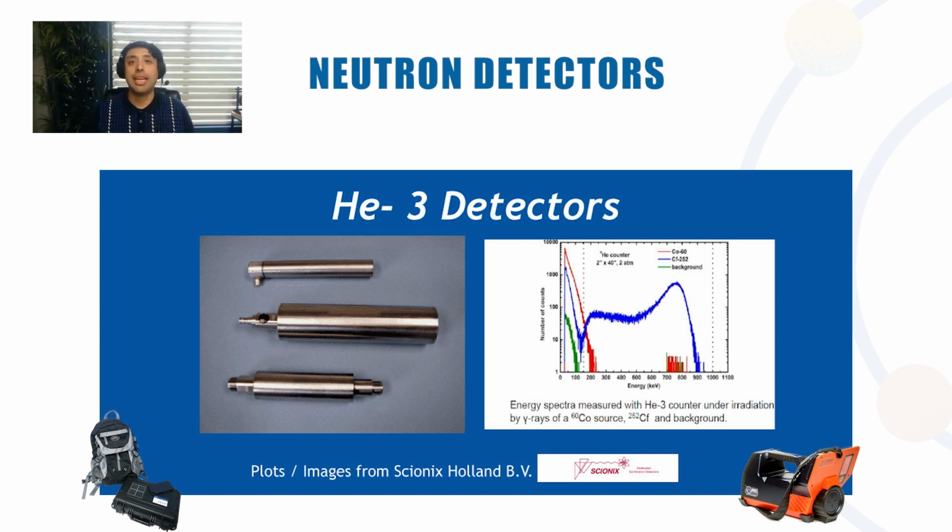Examples of neutron detectors used in various isotope identifiers include He3, helium 3 detectors, once the gold standard for neutron detection. Helium 3 detectors offer high efficiency and are used in a wide range of applications from nuclear security to scientific research.